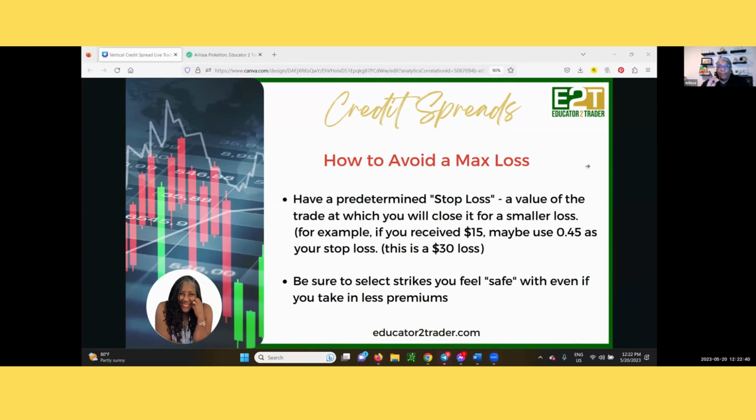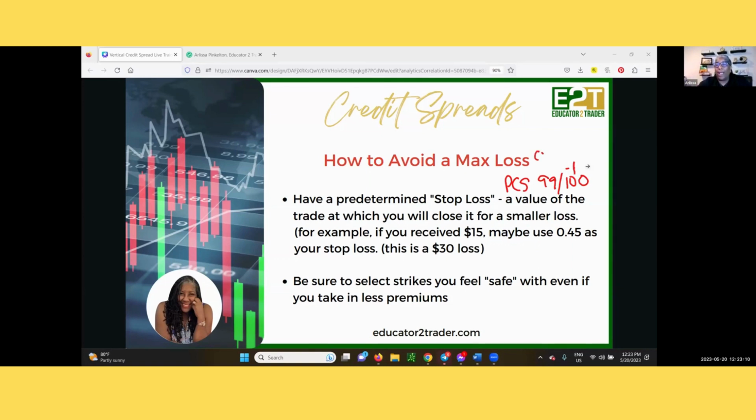Now, the only problem with having a stop loss in place for a vertical is this. I'll give you an example that'll help you to see what I'm talking about. So let's say I've got a put credit spread, and my put credit spread is 99, 100. So 100 is my sell leg, right? So I want price to stay above 100.